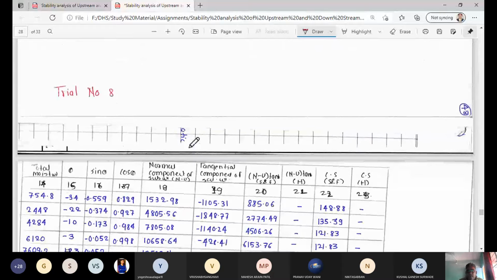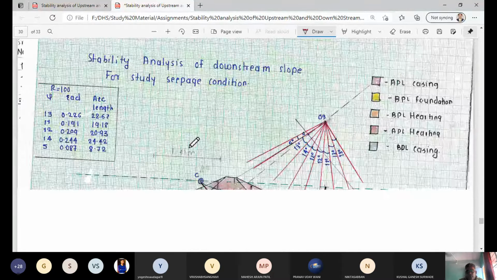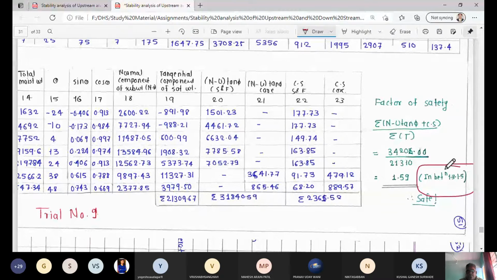Near about 8 trials, and finally it is 2.08, and after the trials we get the factor of safety within 1.3 to 1.5, and it remains at 1.59. Then we stop the trials.